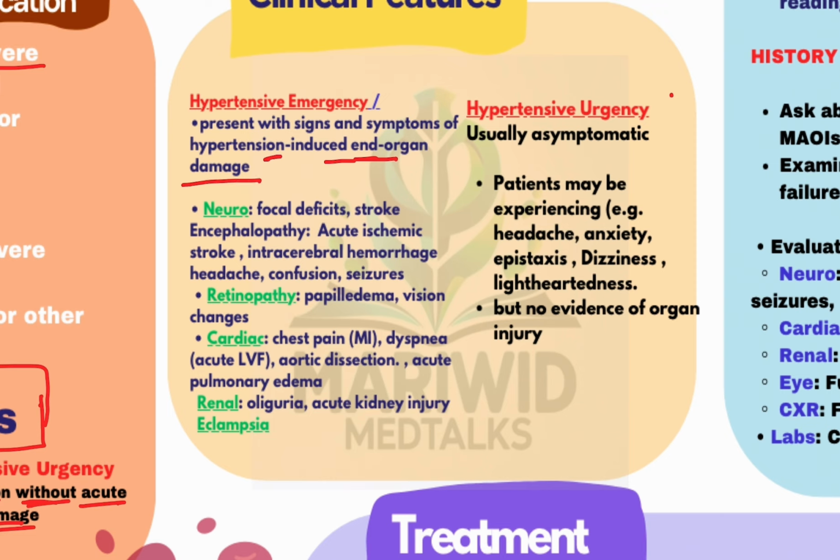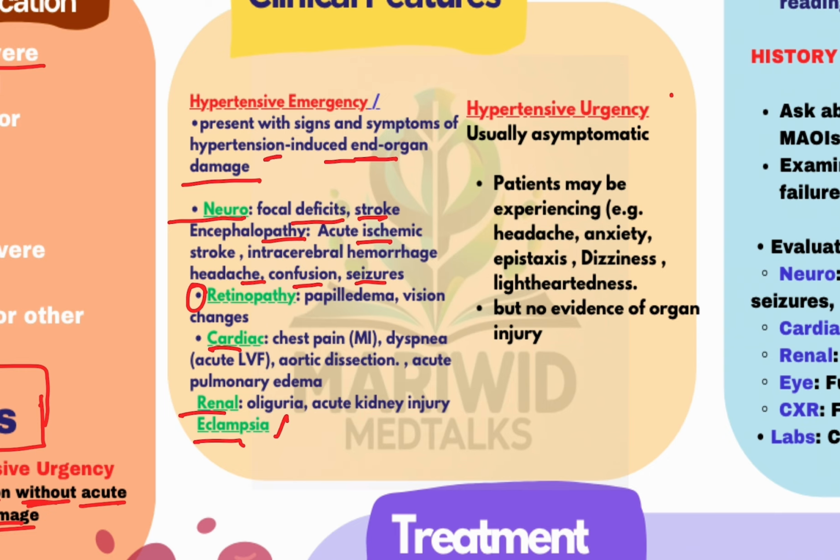The end organ damage can involve neurological symptoms, retinopathy, cardiac, renal, eclampsia or preeclampsia. Neurological symptoms that could be present are focal neurological deficit, stroke, encephalopathy, acute ischemic stroke, intracerebral hemorrhage, headache, confusion or seizures.